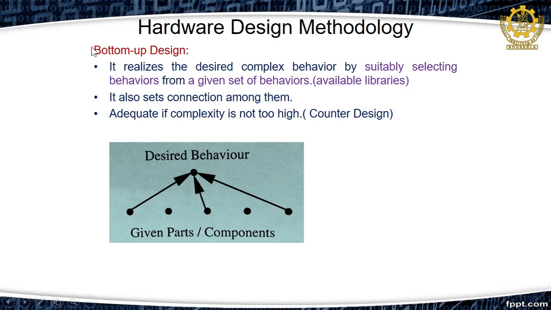Like if you want to design a counter, like a 4 bit counter, you can take D flip flops in T mode and connect them properly so that a counter will be created. D flip flops are internally nothing but can be formed by using NAND gates or something like that. So from small modules you approach and finally achieve your desired behavior.